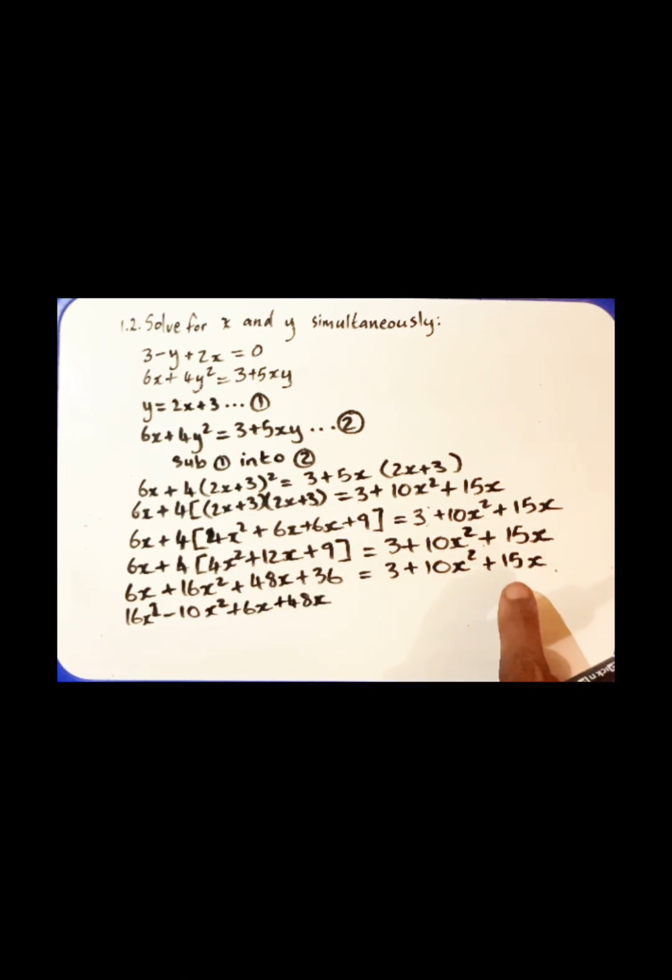And then from this side we have 15x, and then we're going to move it over the equal sign, and it will be a minus 15x. And we have this 36 this side, and then we'll move this 3 this side, and it will become minus 3, and we are left with nothing, which is 0.